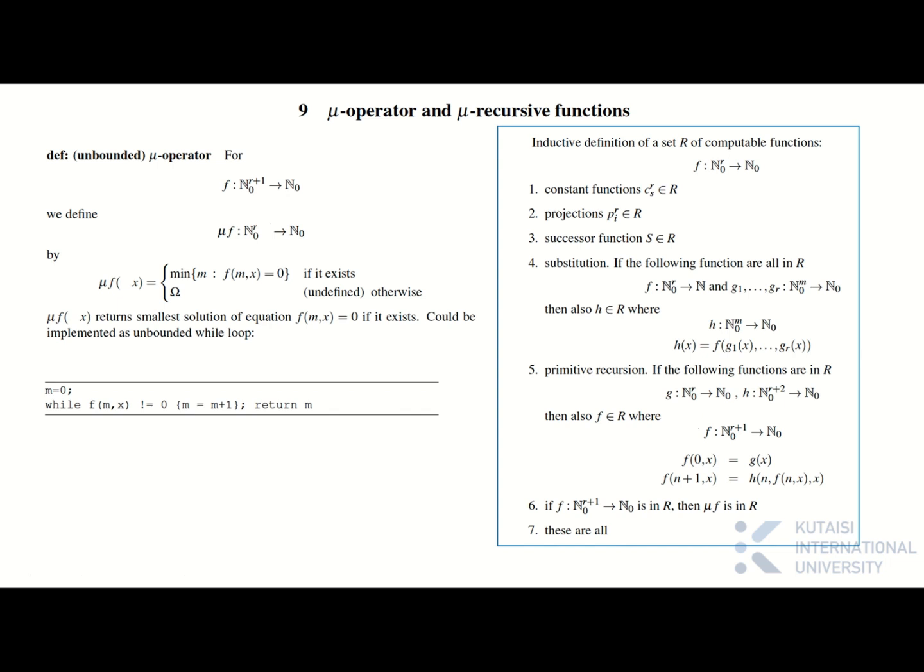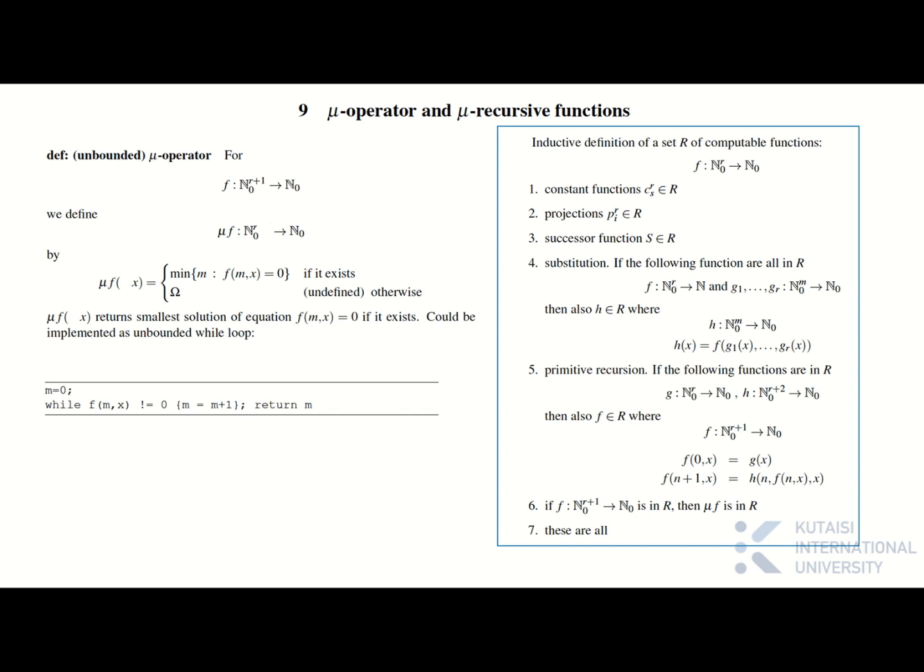So clearly every primitive recursive function is mu-recursive, because those 5 rules are still here. You can create every primitive recursive function just using rules 1, 2, 3, 4, 5. But if in your derivation you're also using rule number 6, then you're creating a mu-recursive function.